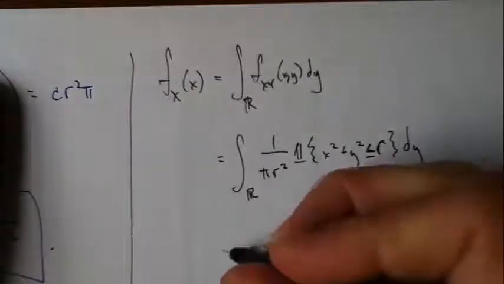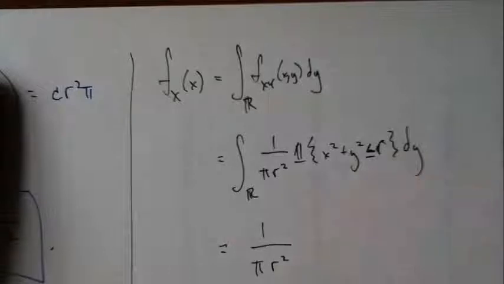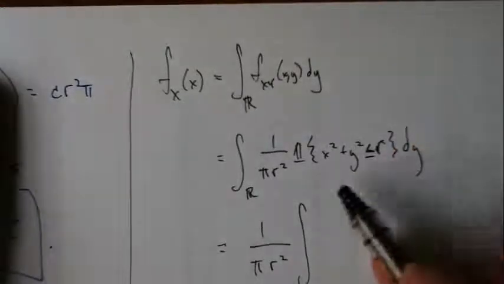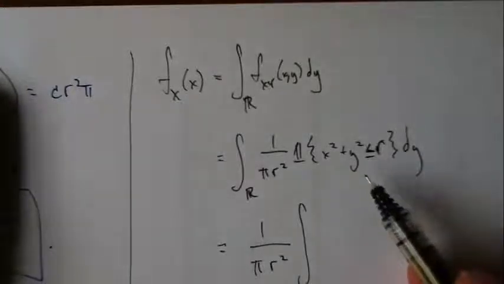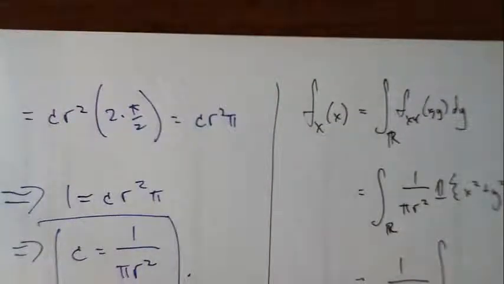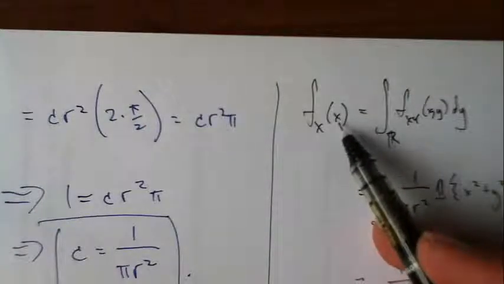So I can go ahead and pull out that 1 over pi r squared. Now, y is going to go from where to where? It certainly goes from negative r to r, but no, remember that this is a function of x. So pick an x somewhere and fix it. Where does y go?